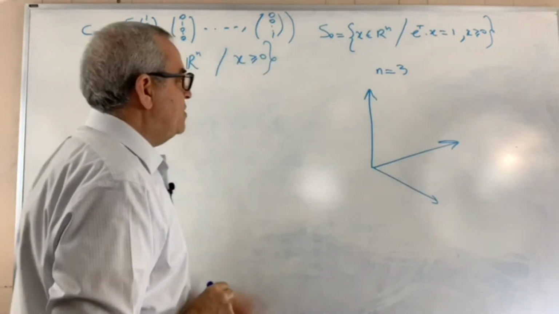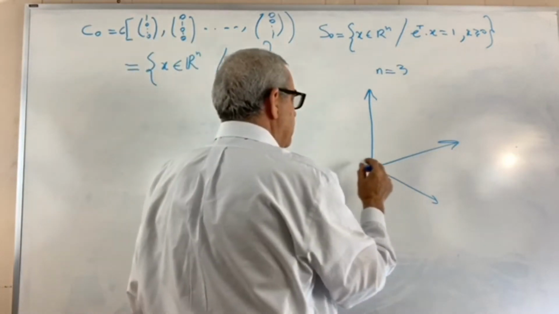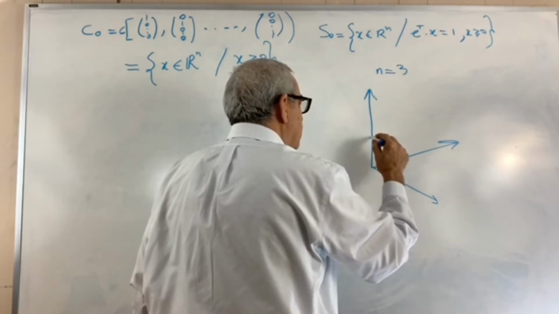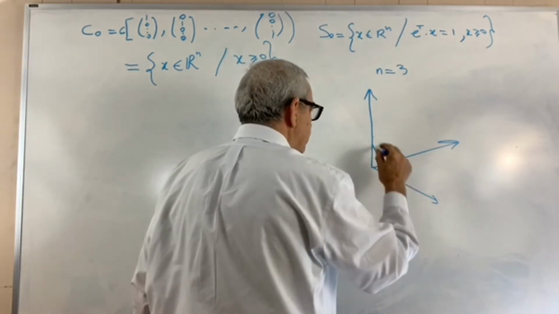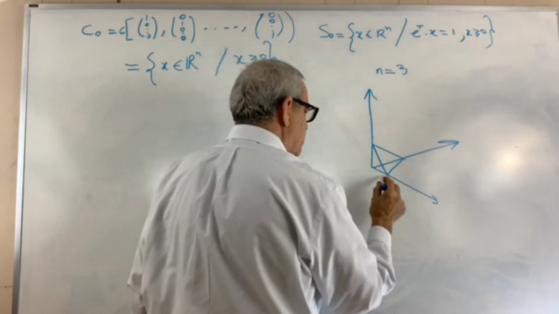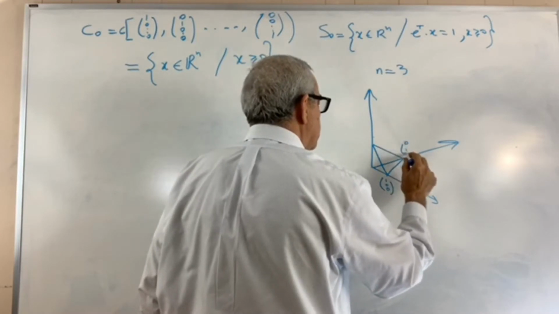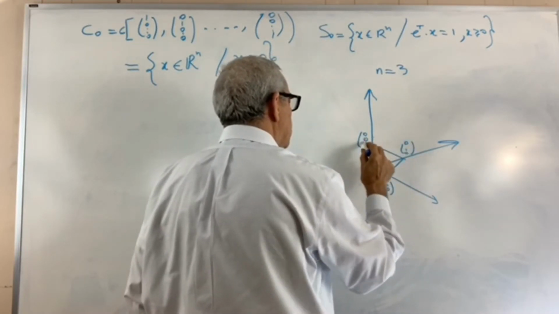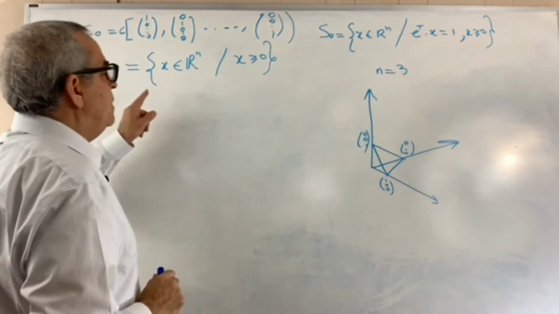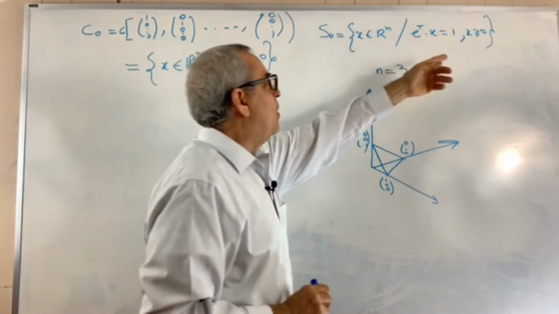This is the non-negative orthant, and the simplex is a triangle with vertices (1, 0, 0), (0, 1, 0), and (0, 0, 1). These vectors are normalized so that the sum is equal to 1 and x is greater or equal to 0.